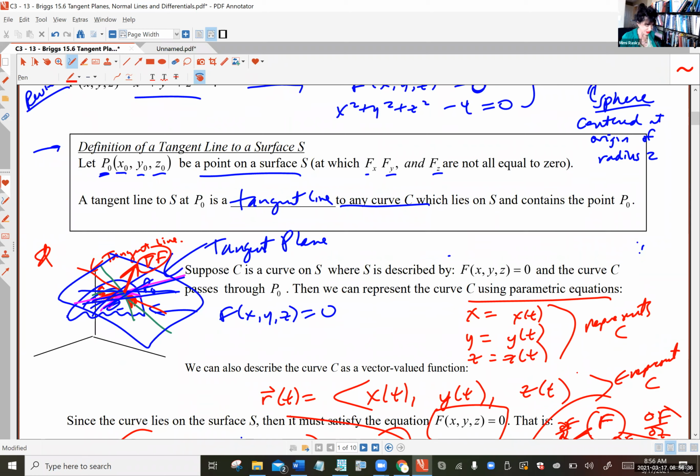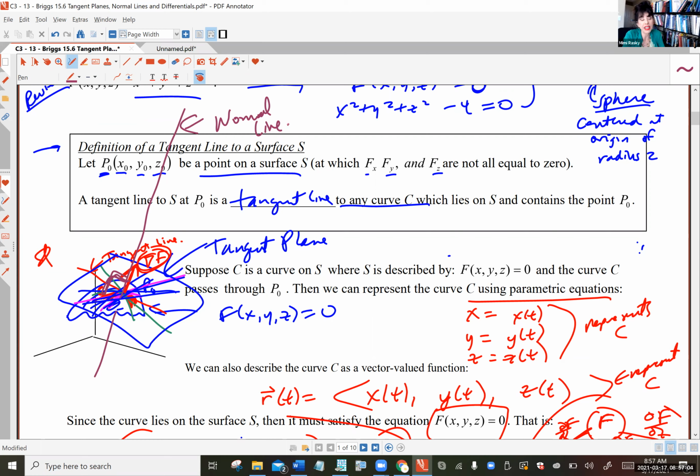We've got the tangent plane to the surface. And then this gradient here is going to be the direction vector for the normal line to the plane. So here's the normal line to the plane. It pierces the plane, makes a 90-degree angle with it. It's orthogonal, and it's normal to the surface.